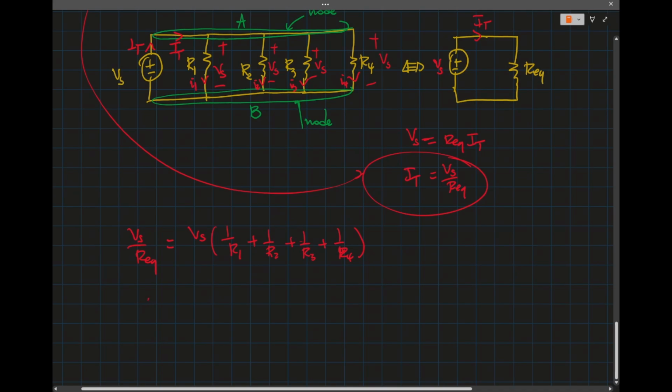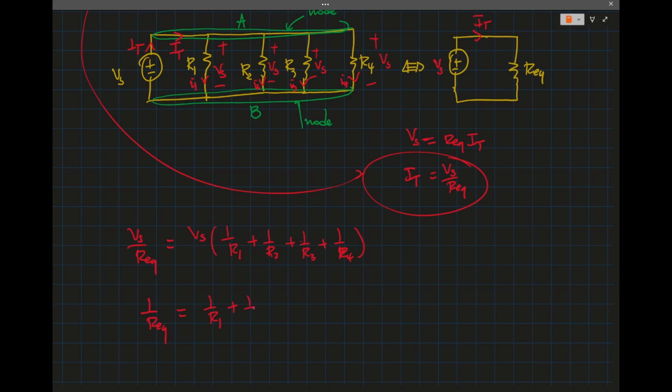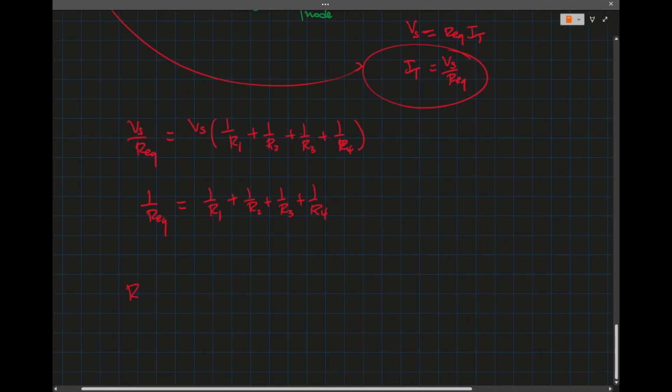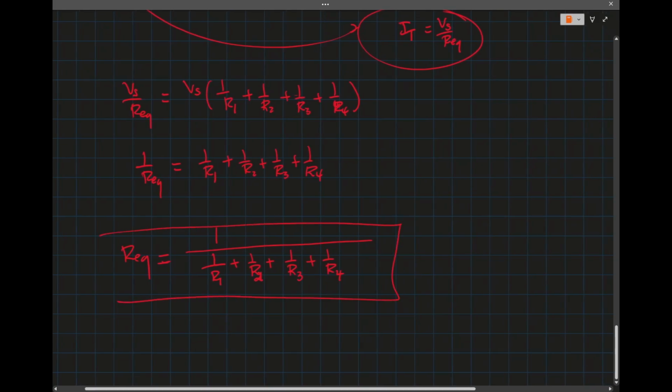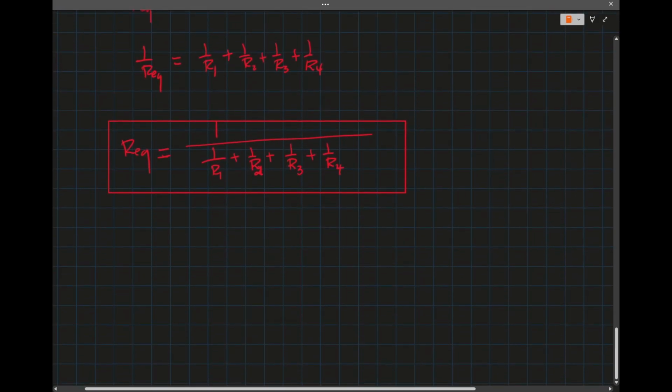So that means 1 over R equivalent is equal to 1 over R1 plus 1 over R2 plus 1 over R3 plus 1 over R4. So to find the equivalent resistance for these 4 resistances connected in parallel, it is 1 over R1 plus 1 over R2, 1 over R3, plus 1 over R4. That is when we have those 4 resistances connected in parallel.